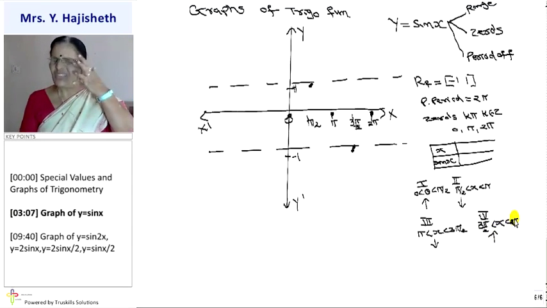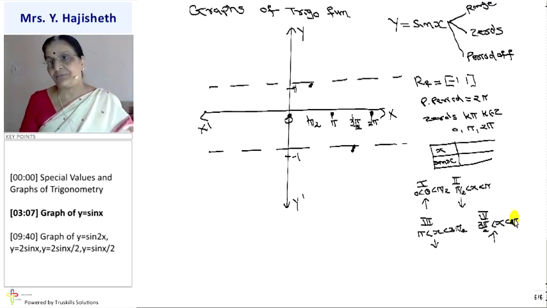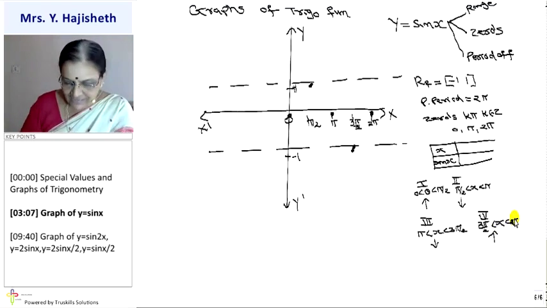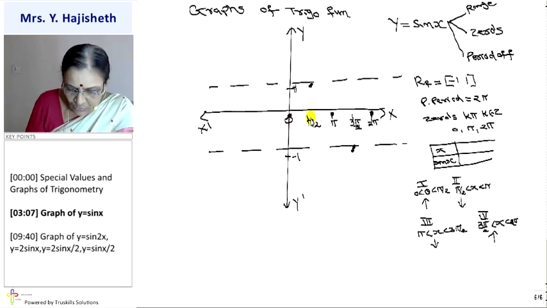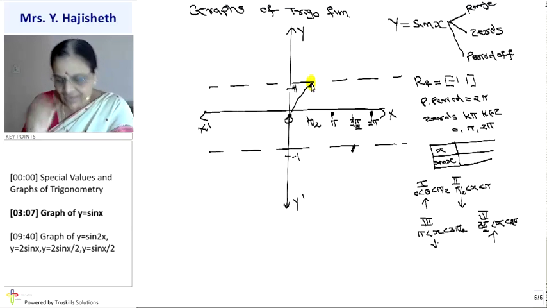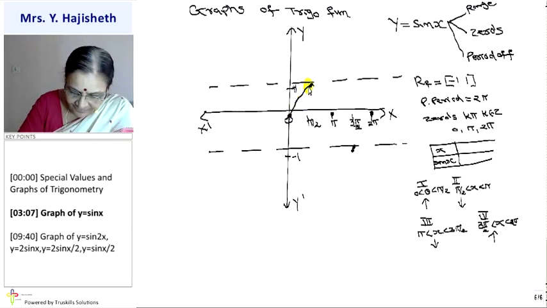I will use this information to construct the graph. See, now I start constructing the graph. Between 0 to pi by 2, that is in the first quadrant, my sin takes value from 0 to 1 and it is increasing.